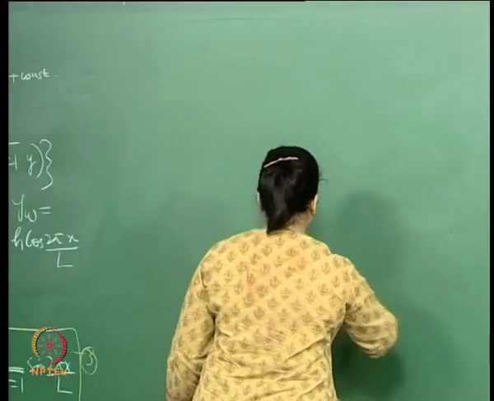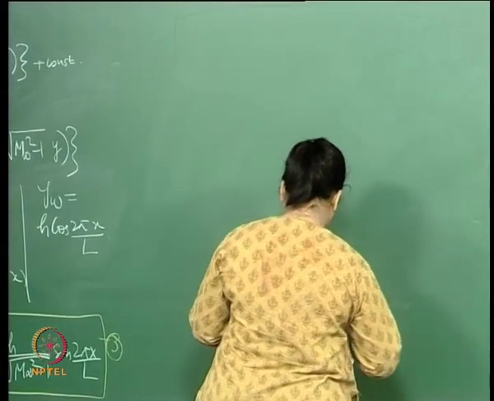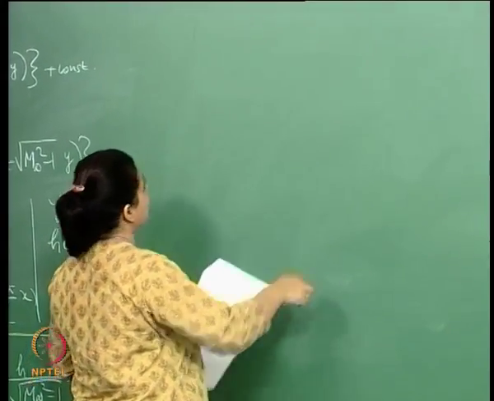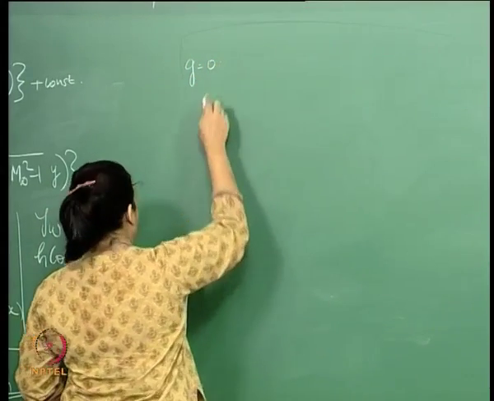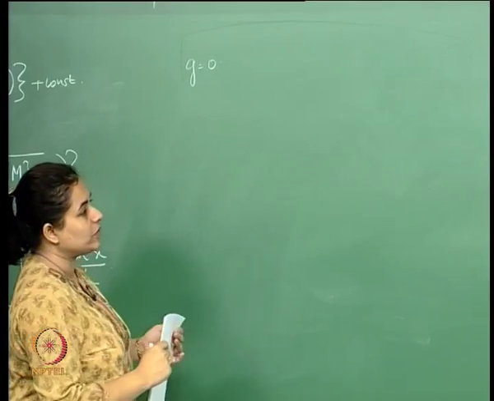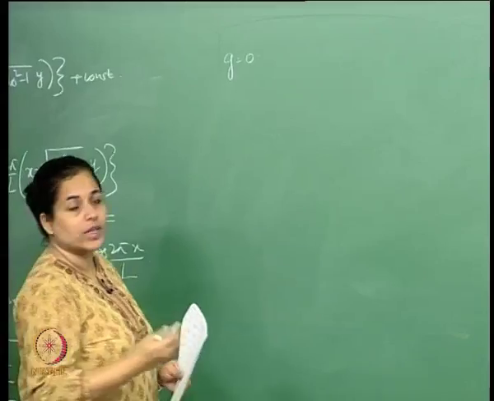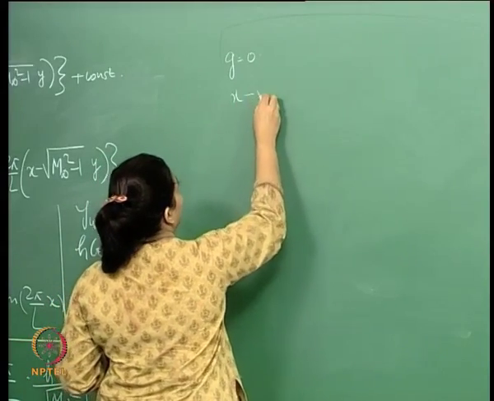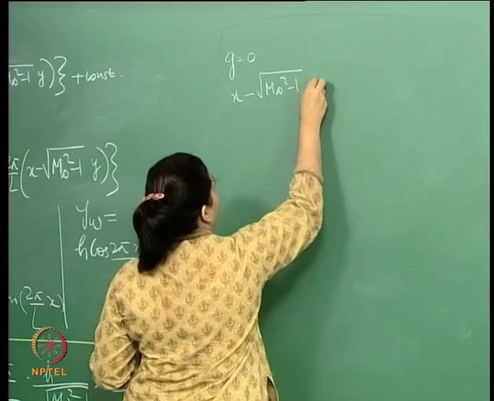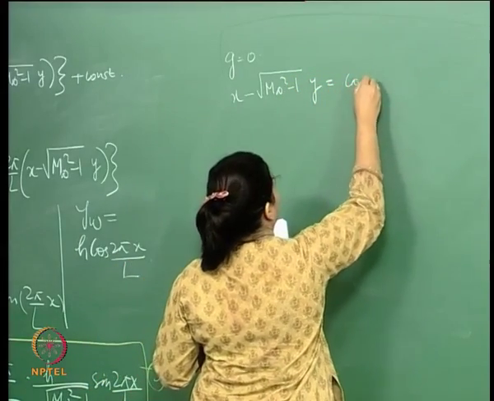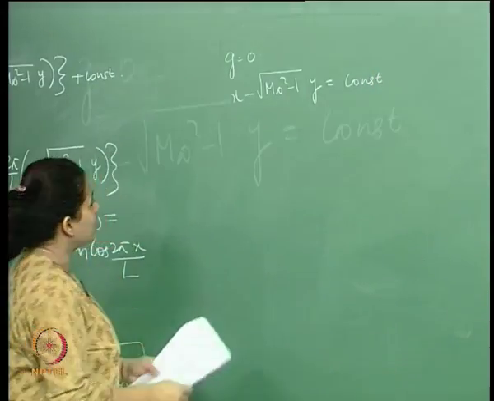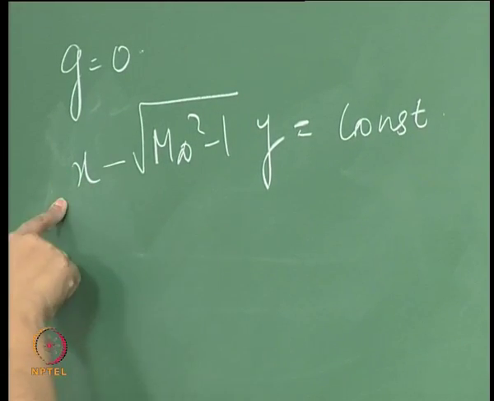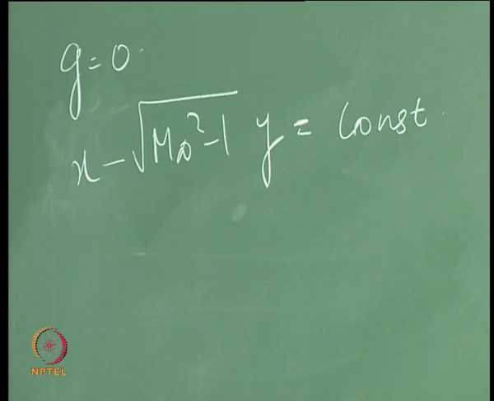So if we take g as 0, lines of constant phi correspond to this, because phi is a function of, is f of this, which you've just done.